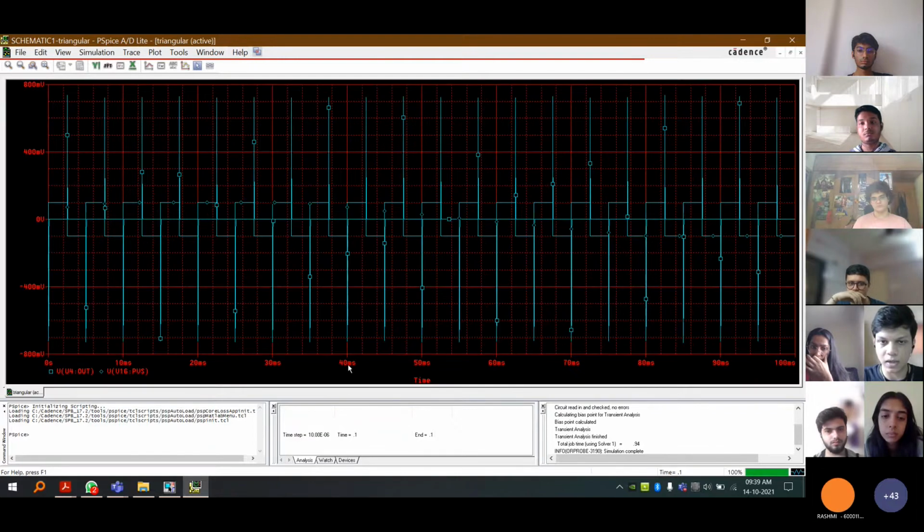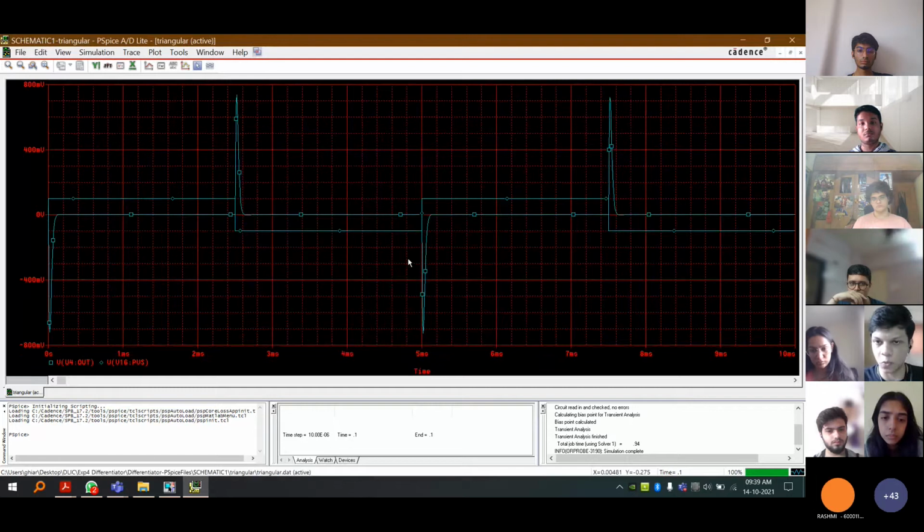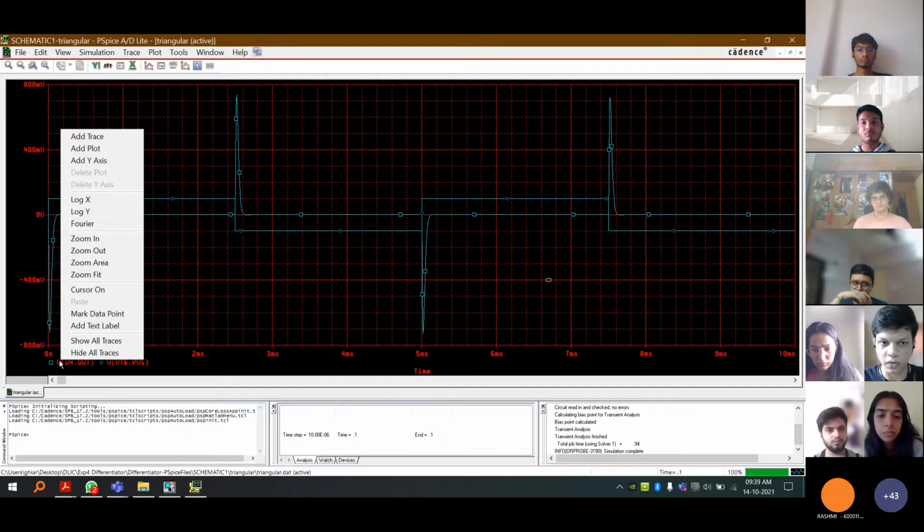At something like 200 hertz, since it's moving so slowly, the input voltage, the output voltage and the op-amp have enough time to react that you're able to get almost perfect spikes. So this is pretty much how a differentiator works. I hope everything is clear to everyone as of now.